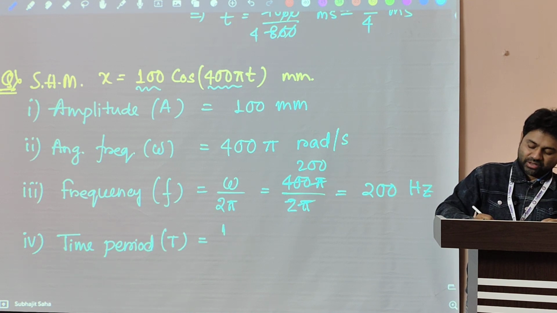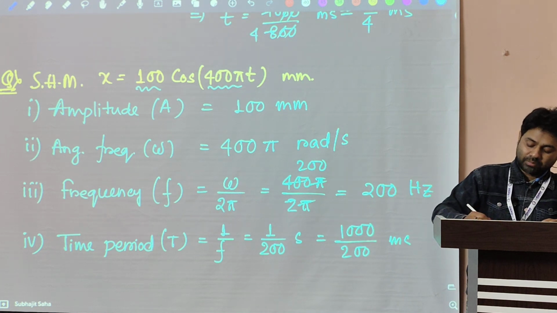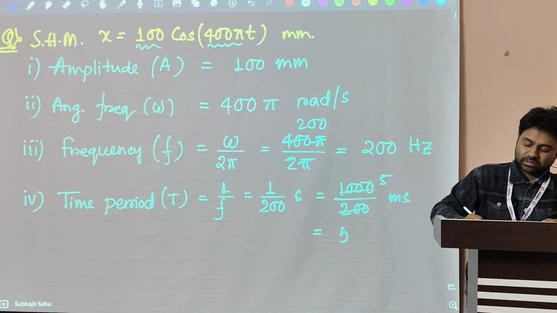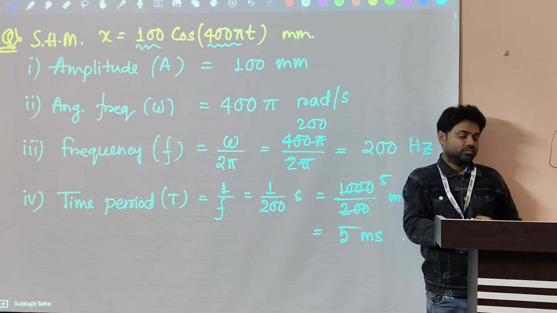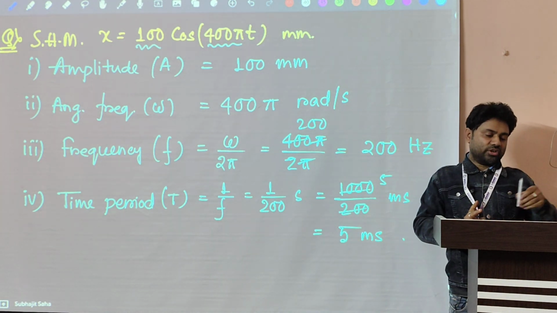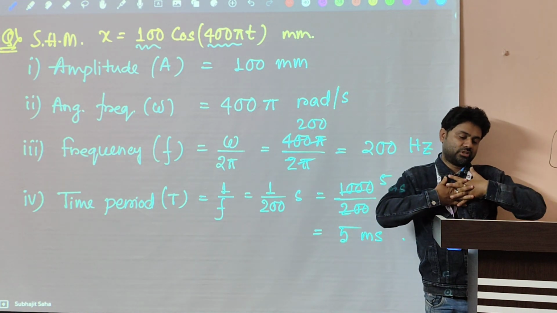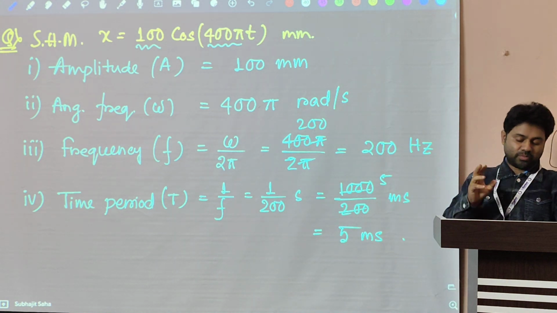Time period is 1 by frequency, so 1 by 200 second. Converting it to millisecond by multiplying by 1000, so it's 5 millisecond. So from given simple harmonic motion data, you can easily find these 4 quantities at once. Just you have to learn the equation, the displacement equation.